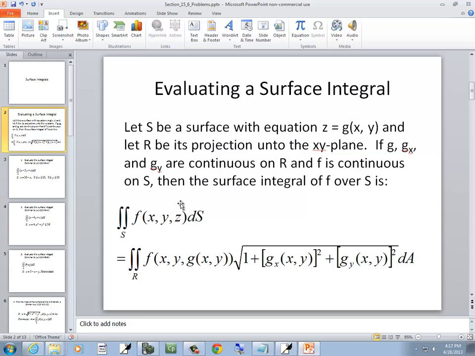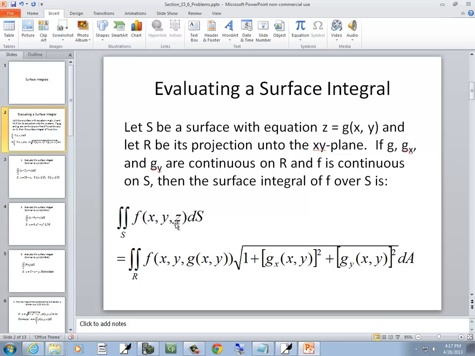If g, the partial of g with respect to x, and the partial of g with respect to y are continuous on R, and f is continuous on S, then the surface integral of f over S is given with this formula.